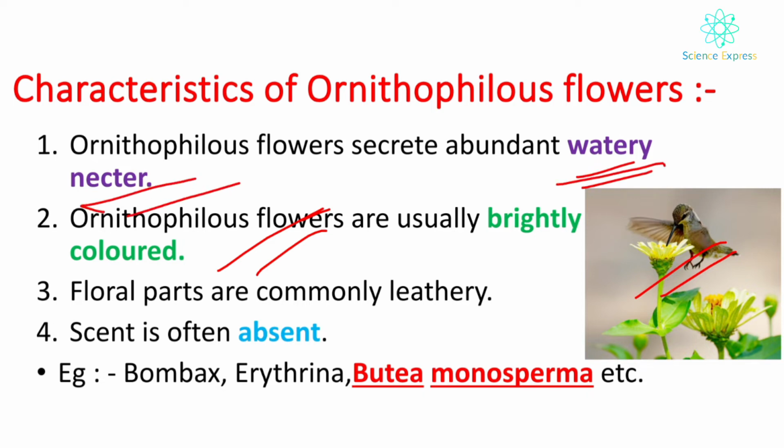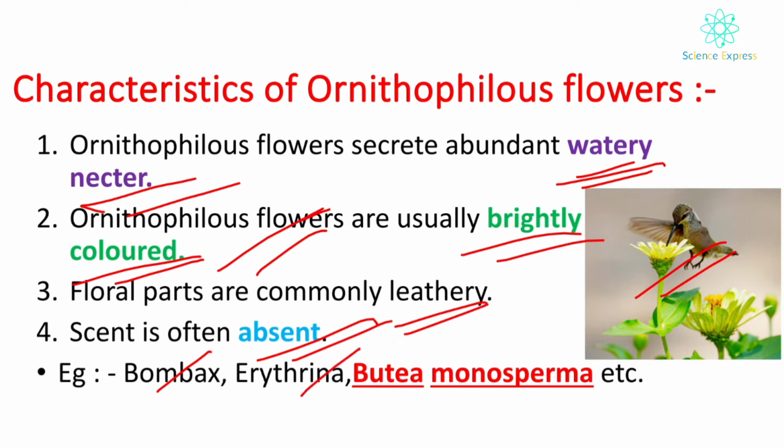They are usually brightly colored, like red. Next, floral parts are commonly leathery. Scent is often absent. Examples of ornithophilous flowers are bombax, erythrina, butea, monosperma.